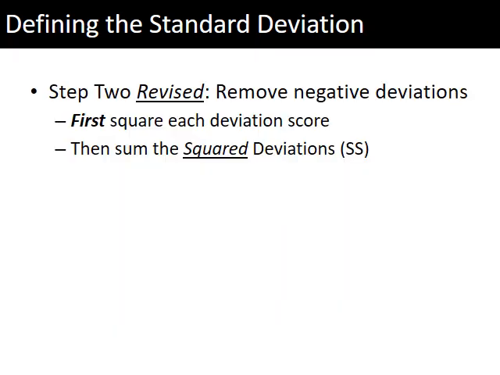Okay, so after performing the revised step 2, we've now at least got a value that corresponds to the variability in our 3 data sets. Our first set, where all the scores were the same, is still 0, so the sum of squares would be 0. However, for the second set, we've actually got a value.